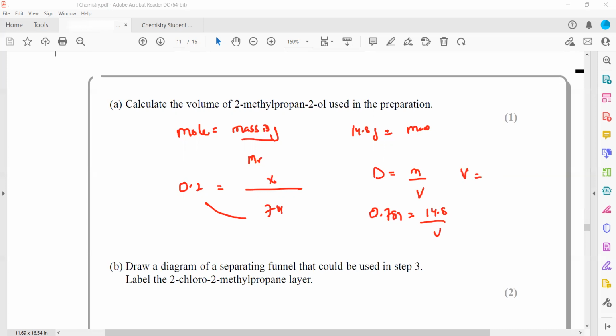So the volume will be 14.8 divided by 0.789. Because the unit of the density is gram per centimeter cube, when we simplify, centimeter cube will be the final answer. So 18.76 cm³. That's the volume which is used for this experiment.